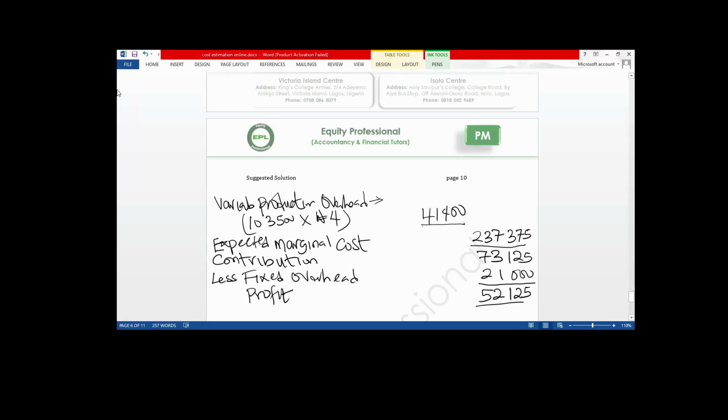Also, the company will enjoy large quantity discount.